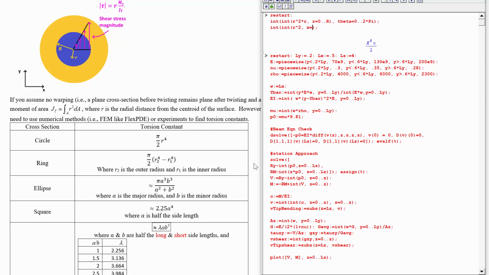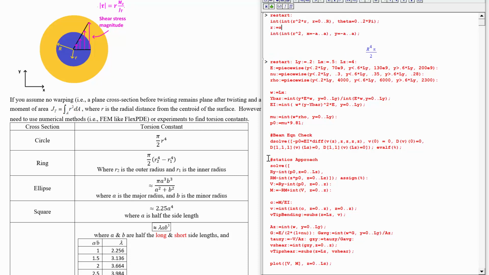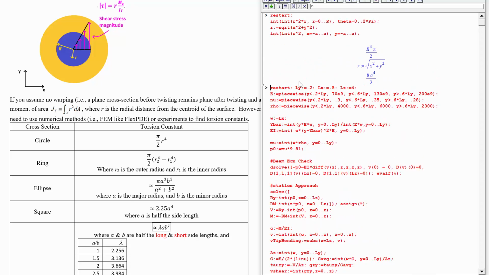Notice that a is half the side length, so we're going to go x from negative a to a, and y equals negative a to a. But we have to put in what r is. So now let's say that r is equal to the square root of x squared plus y squared, and then work out that integral. And we have 8/3 a to the 4.